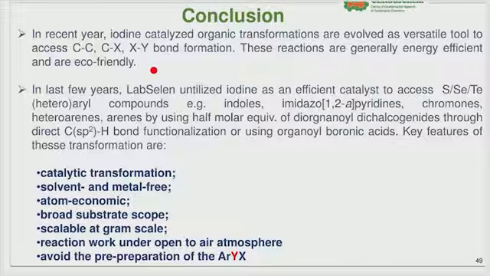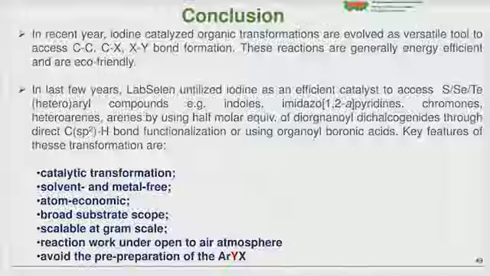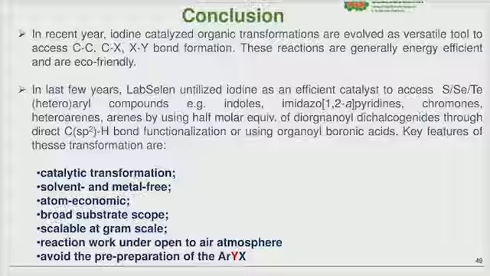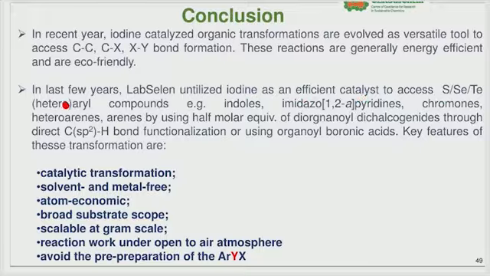The second part of my talk was about the lab activities. Among the different kinds of transformations we perform in the lab, in one type we utilize molecular iodine or iodine species, and we demonstrate them as an efficient catalyst to access chalcogen heteroaryl compounds, for example, indoles, imidazopyridines, chromones, coumarins. The beauty of this transformation is that we need only a half molar equivalent of the diorganyl dichalcogenides.